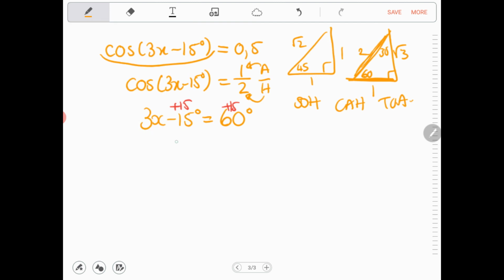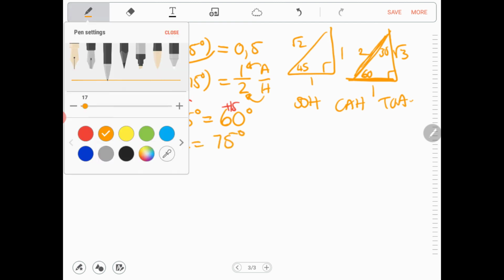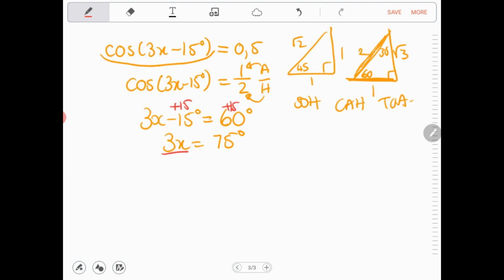So 3x is going to be equal to 75. And then finally, we've got one term on each side, so we're going to divide both sides by 3. So x is going to be equal to 25. All right, so we've used just our special angle triangles to solve these equations, and you're going to try some of these for me for homework.